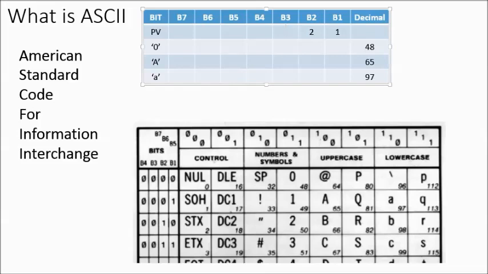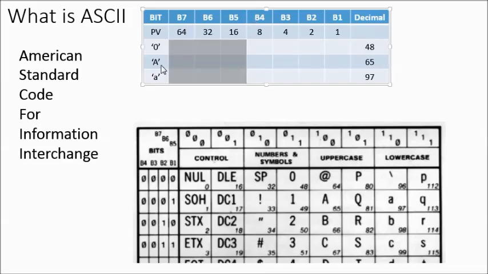So the column on the left gets the value twice the value on the right. So B2, the second bit, will get the value of 2 times 1, which is 2. The next bit will get the value of 2 times 2, or 4. And then we would go up to 4 times 2 is 8, 8 times 2 is 16, 16 times 2 is 32, and finally 32 times 2 is 64. So those would be the bit value positions of bits 7 to 1.